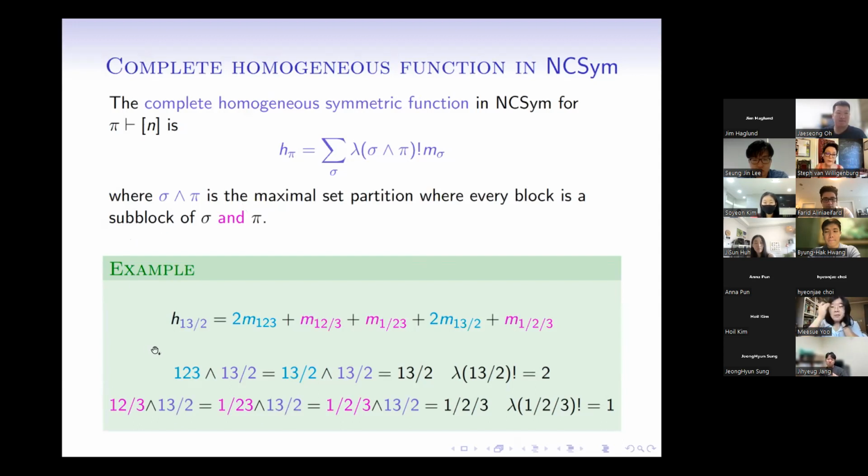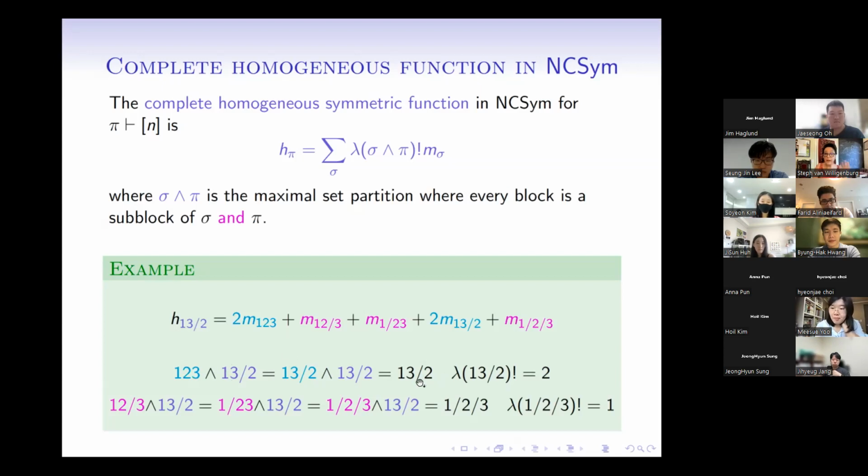So let's say we want to compute the complete homogeneous symmetric function in non-commuting variables h132. And say we wanted to compute the coefficient of m123. Well, the first thing we need to do is find the intersection of 123 and 132.